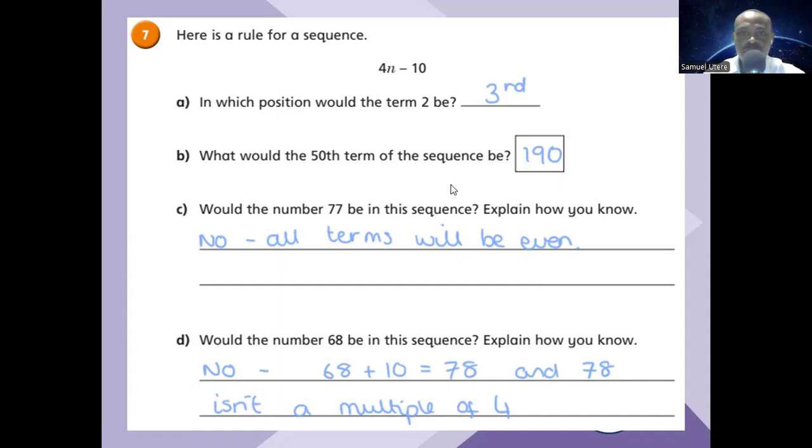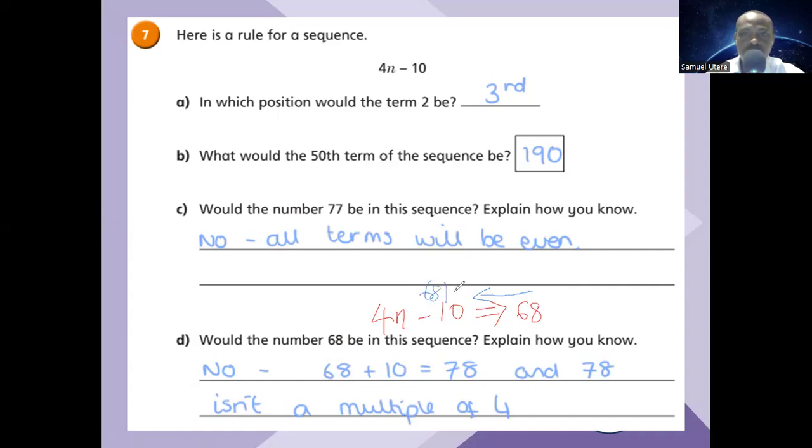So if we have 4n minus 10, and we're getting 68, we're trying to check, would the number 68 be in the sequence? If 68 is going to be in the sequence, it means going backwards. Remember, going backwards, we want to check whether things would work because that's how you check.